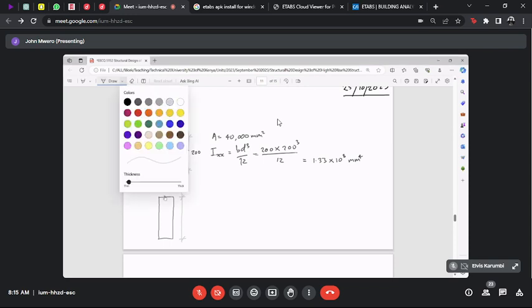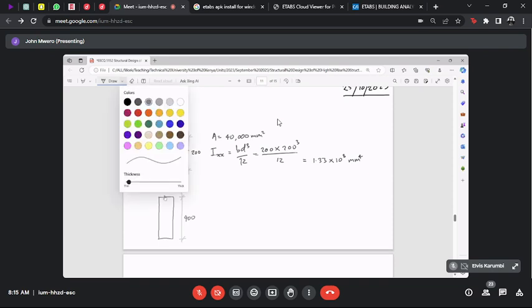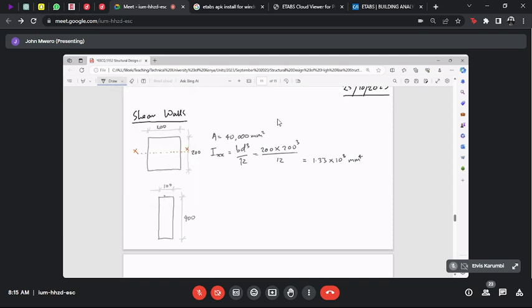Let this dimension be 100 and this dimension be 400. Again, the cross-sectional area will be 40,000 millimeters squared.